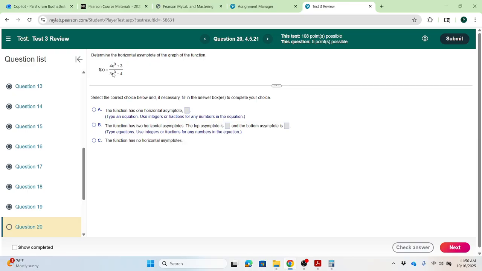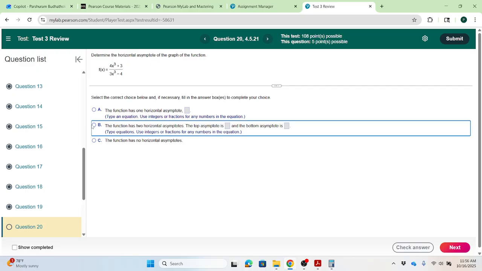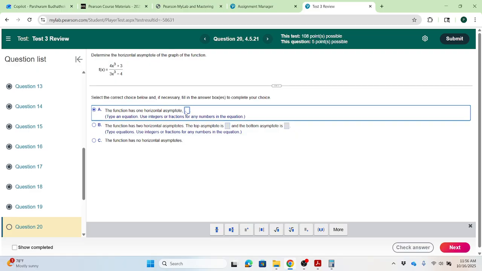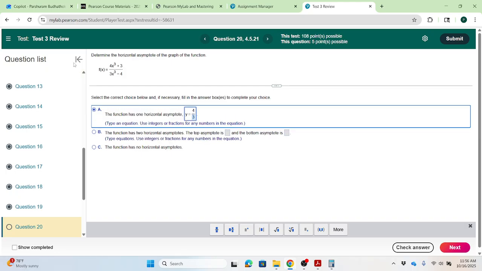So the horizontal asymptote would be y equals 4. The function has two horizontal asymptotes? No. The function has one horizontal asymptote, which is y equals 4 over 3. Be careful here. The 4 is the coefficient of x cube on the top and 3 is the coefficient of x cube on the bottom.